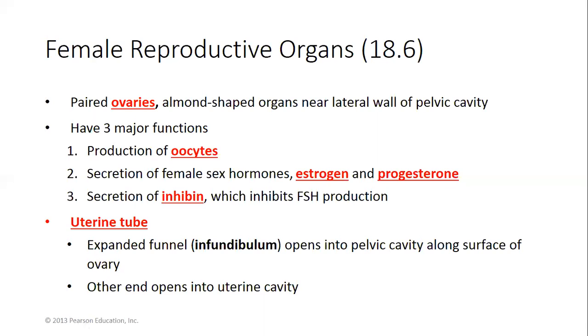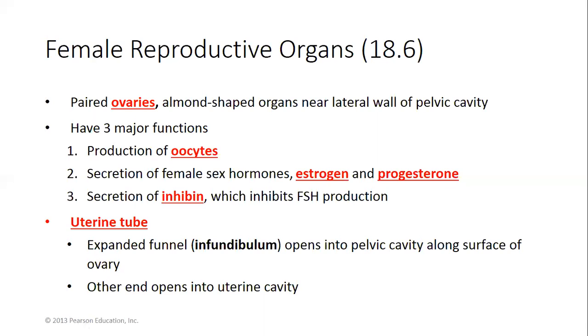The uterine tube or fallopian tube is basically a funnel that opens to the pelvic cavity, which opens up into the uterus, so that when an oocyte is ovulated, expelled from the ovary, it travels along the uterine tube all the way to the uterus, where if fertilization occurs, it actually happens in this uterine tube.